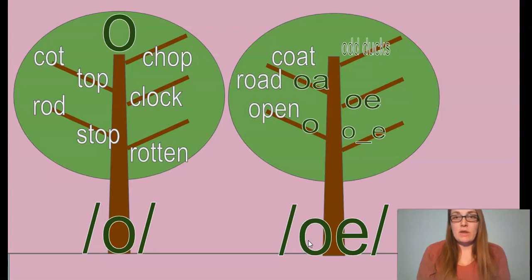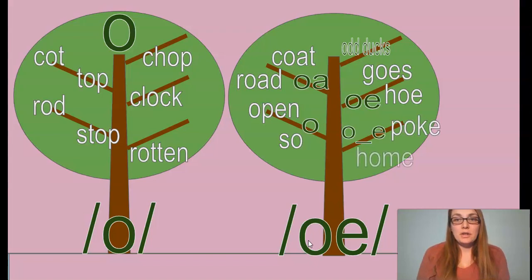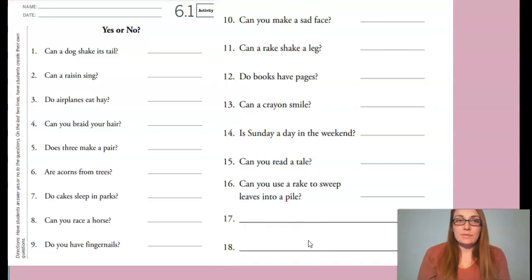For the O spelling, we have open and sew. O-E, we have goes and hoe, which is a gardening tool. O space E, poke, and home. And these are just a few examples of the different spellings for the ah and O sounds.